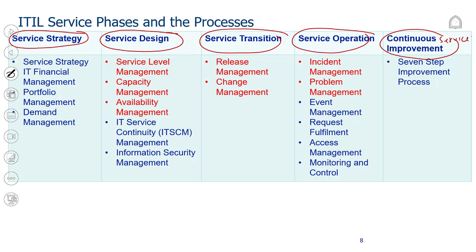Within the phases, we have the processes. The most important things are the processes, not actually the phases. What you will be asked is either to identify the phase and then a process within that particular phase.